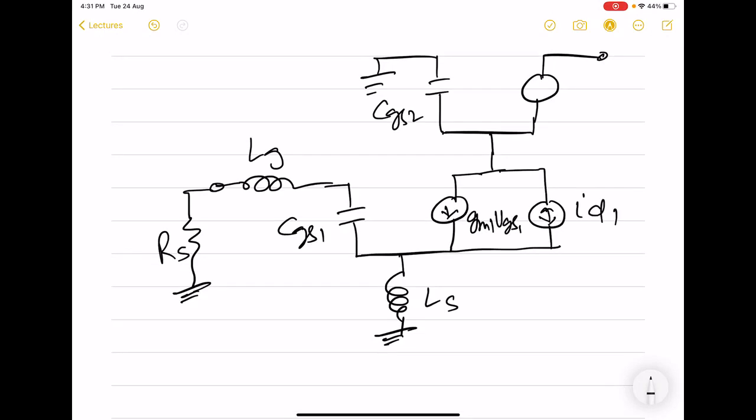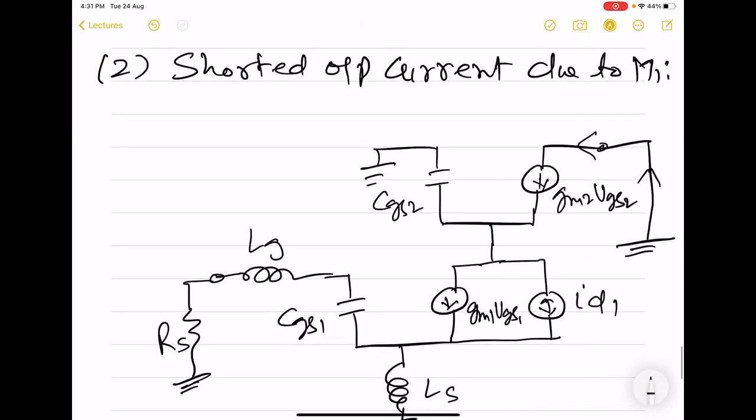So this is the noise source due to MOS 1, and we are interested in finding out this current IO D1.